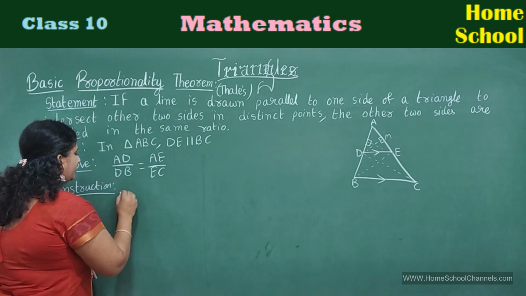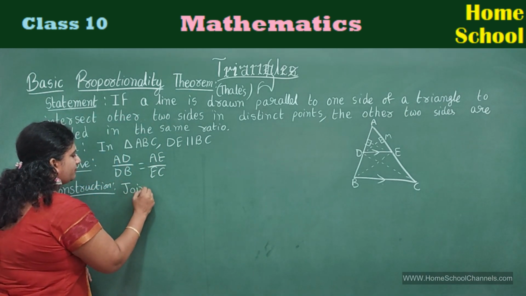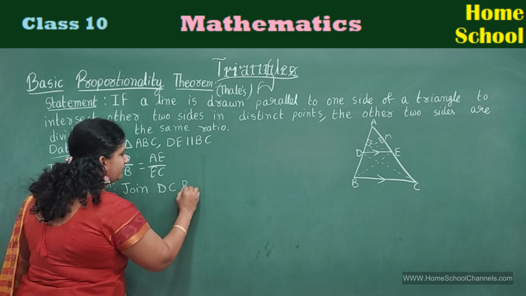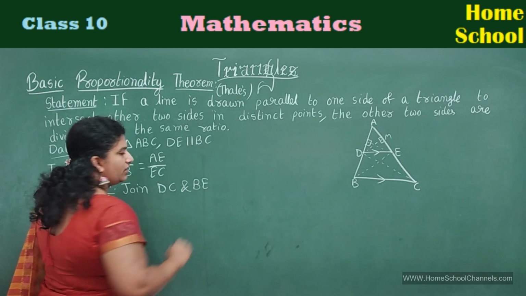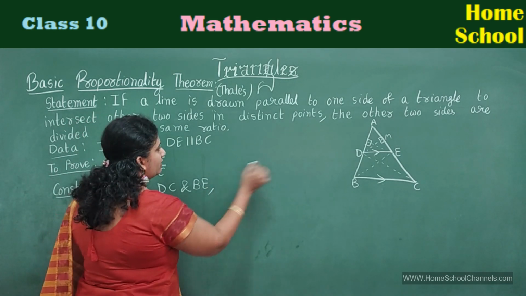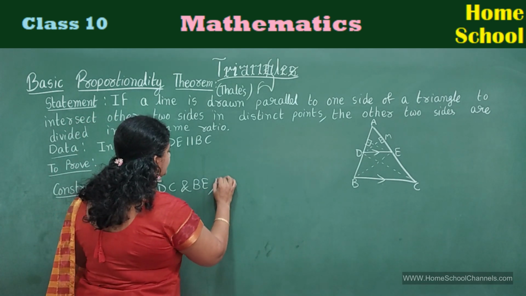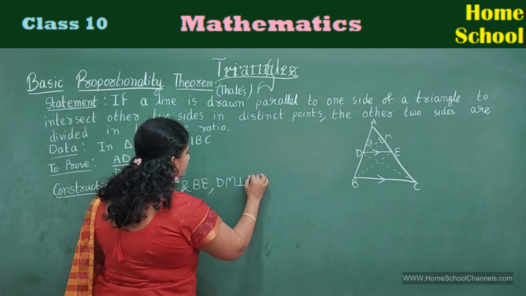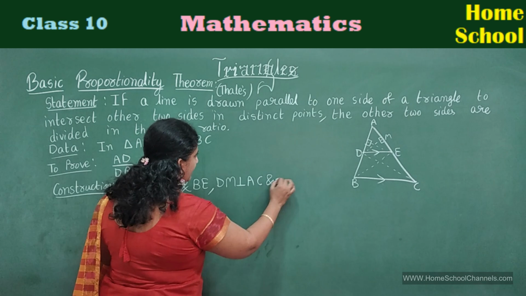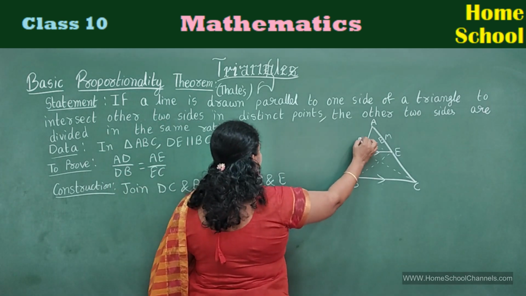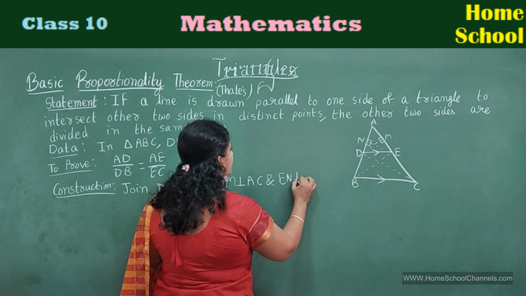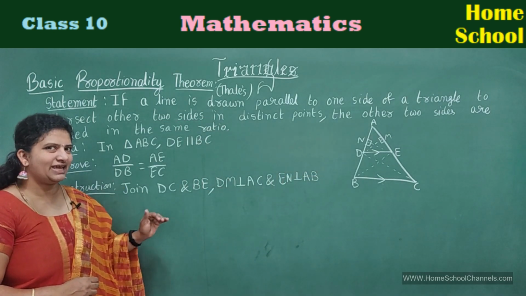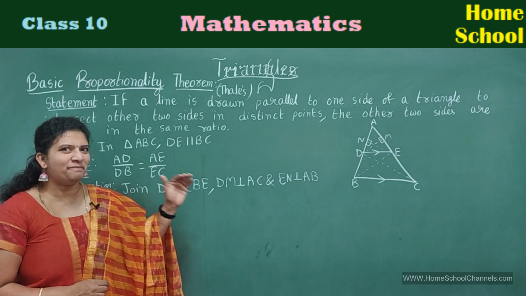That only you write here. Join DC and BE, comma, and draw the perpendiculars. What is that? Draw DM perpendicular to AC and EN perpendicular to AB.